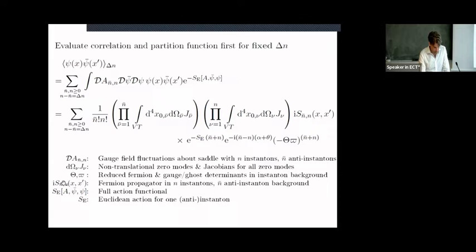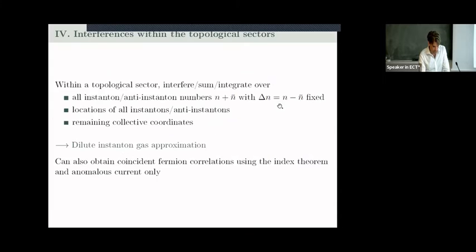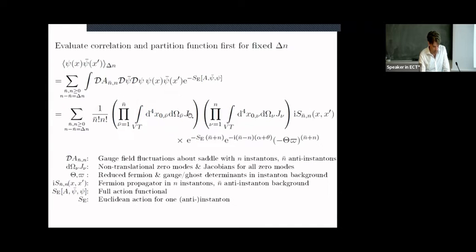And then this S of n n bar here is just this propagator in the background of the fixed instantons. And here, of course, we are integrating over the coordinates of all these instantons. Then we have the Euclidean action. This is the price we have to pay for having these n plus n bar tunneling events. And then here are some reduced one-loop determinants from the gauge field and from the fermion. What we've done here is that we've pulled out from the fermion field the phase alpha, because from the fermion determinant we get from the zero modes also a factor of m to the i alpha.